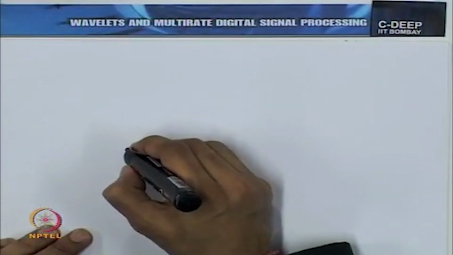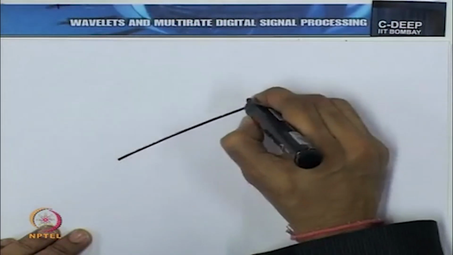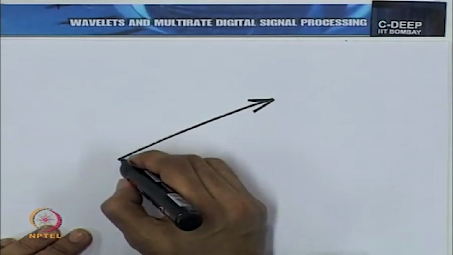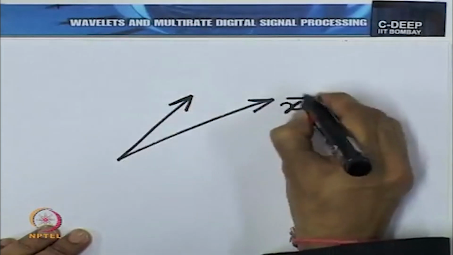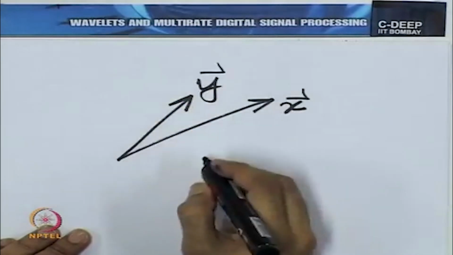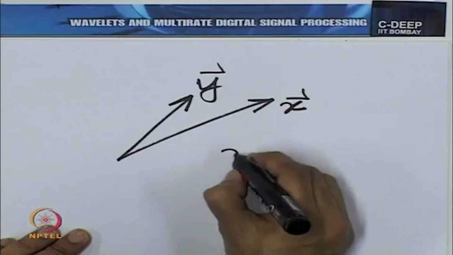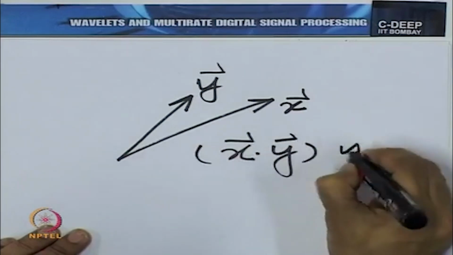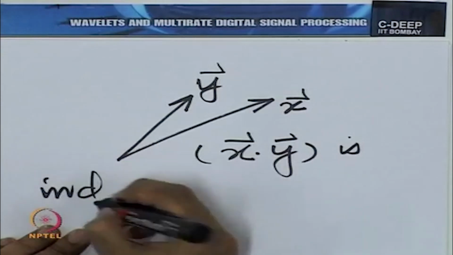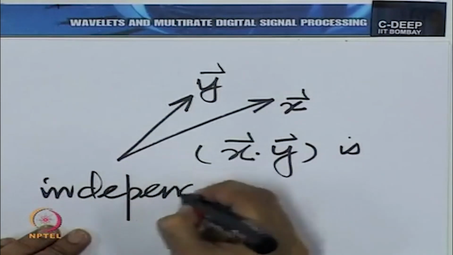Indeed, what Parseval's theorem says in the language of inner products is this, and let us do the same in 2 dimensions and then it will be absolutely amply clear. So, I have 2 vectors, let us call them x and y. Now, what Parseval's theorem says is x dot y is independent of the coordinate system, simple enough.